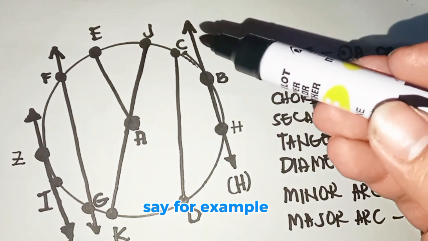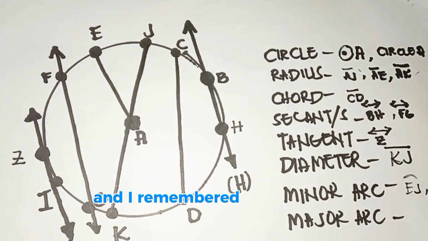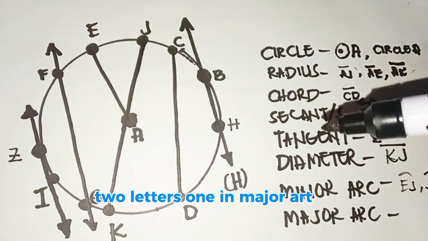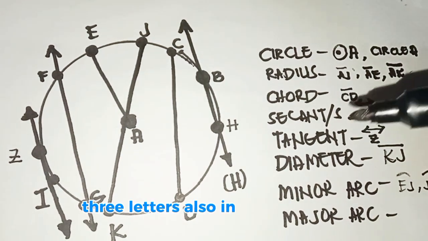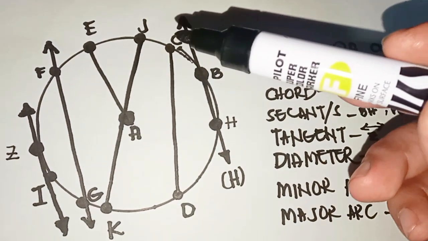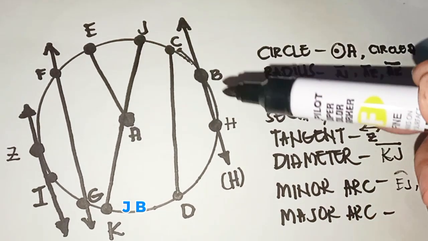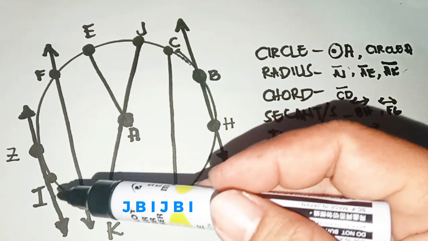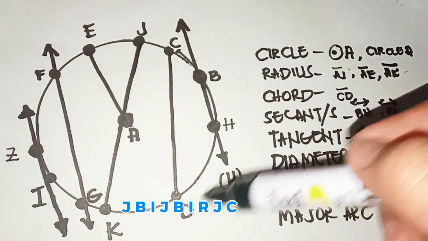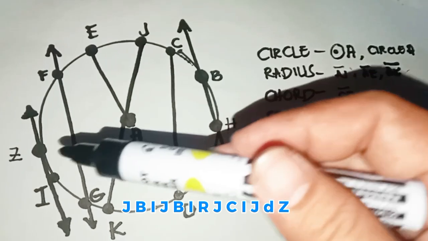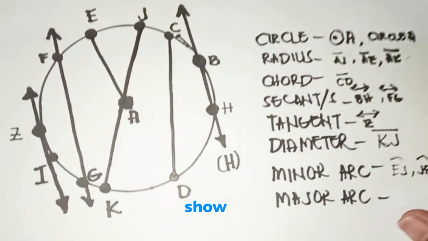Remember guys that in minor arc we use two letters, while in major arc we use three letters, also in semicircle. So major arc, like JBI, or JCI, JDZ. Those are examples of major arc.